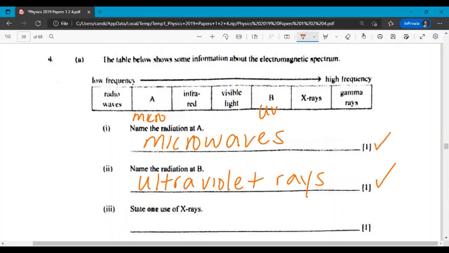State 1 use of X-rays. Okay, so we have a couple we can think of. I'll put about 3. X-rays are used in body scans, so for medicine, we use them at airport security checkpoints to scan luggage, and they're also used in cancer treatment.